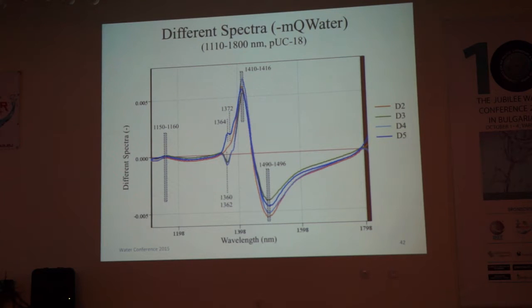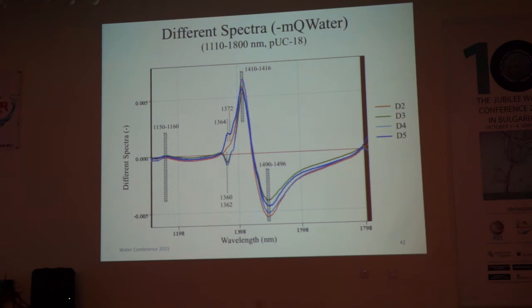This is the so-called free water molecules, 1410, 1416 area. This is the ice clusters with 4 hydrogen bonded water. So what you can see is that when we dilute or subtract the molecule, the sample with DNA has more free water.